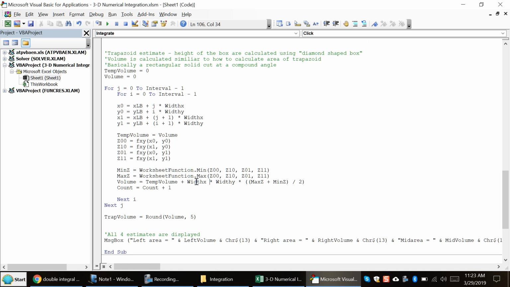And then the volume is just the area of the base times max z plus min z divided by 2.